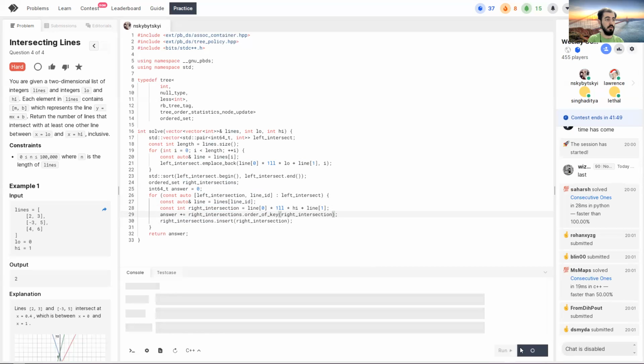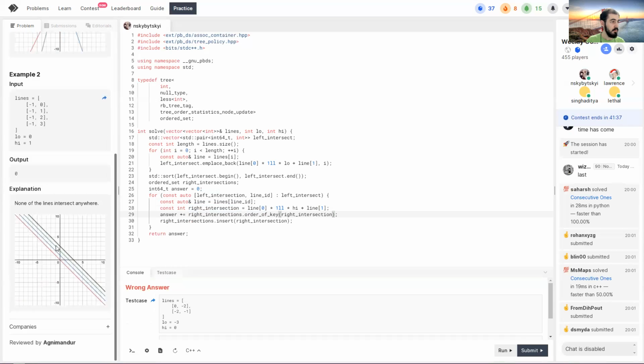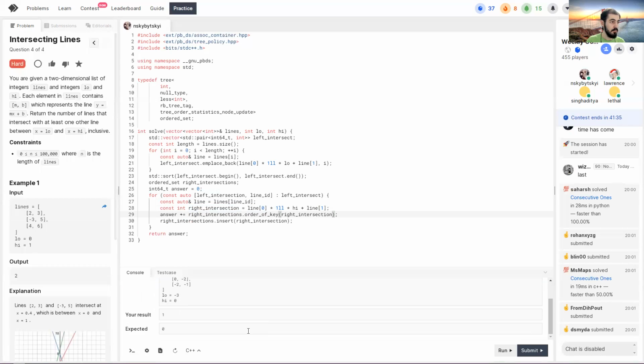Okay, let's see. Oh, okay, so I was wrong somewhere. Is this example present somewhere here? No, okay. We have like a horizontal line, whatever. It intersects at -2, -2, and we have -2.